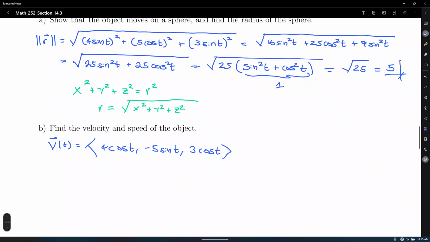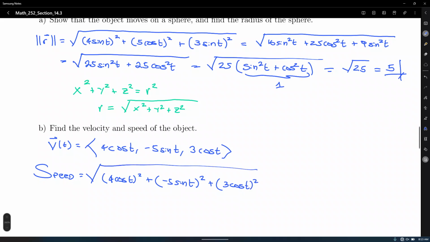Okay, so now we need to find the magnitude of the velocity, that is the speed. That is the square root of (4 cosine t) squared plus (negative 5 sine t) squared plus (3 cosine t) squared. All right, so what's that going to give us? Well, a very similar result: 16 cosine squared t plus 25 sine squared t plus 9 cosine squared t.